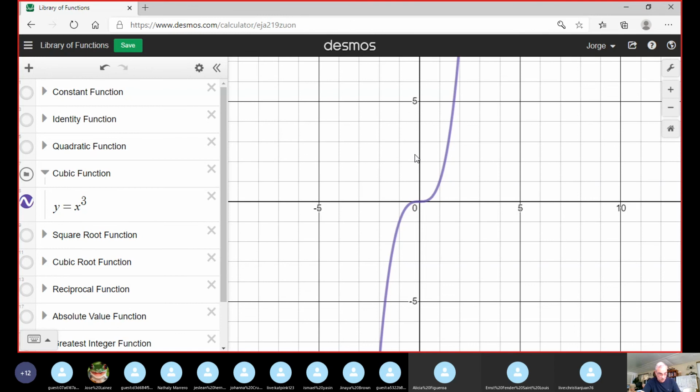Similar is not exactly the same. So the domain and range in this case are all real numbers, from negative infinity to positive infinity, both. In the parabola, no, look at that. In the parabola, we have a limitation for the range. It's only positive, including 0.